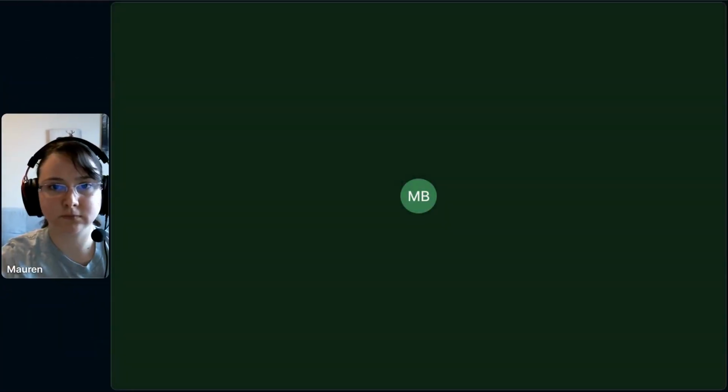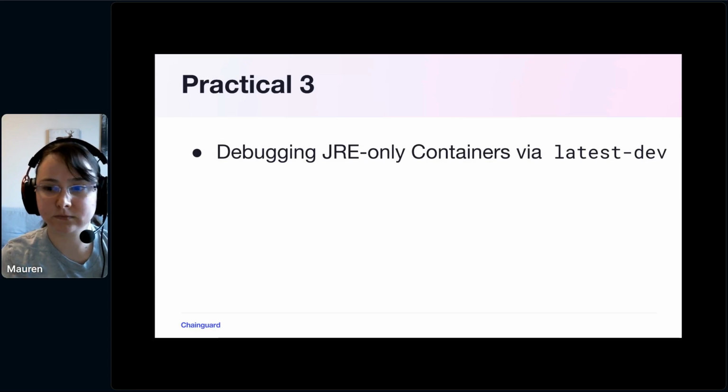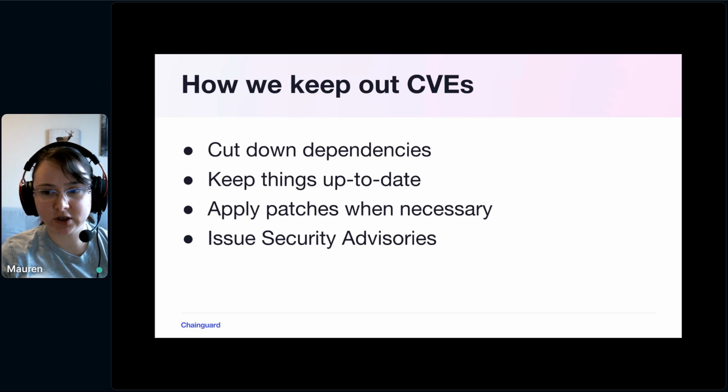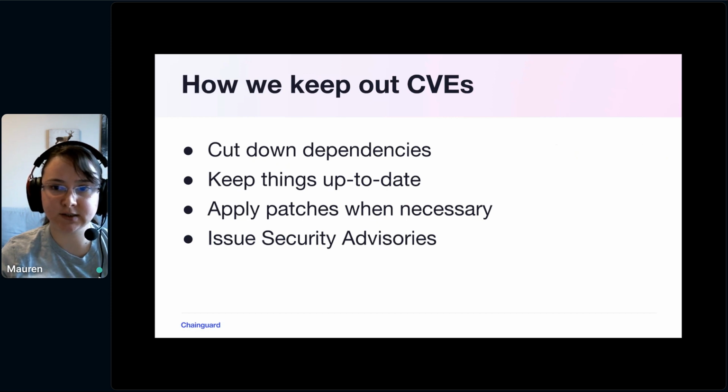Going back to our slides. Let's talk a little bit about how Chainguard keeps out CVEs. The strategies we use for that are cutting down dependencies, keeping things as up to date as possible, and applying patches when needed.